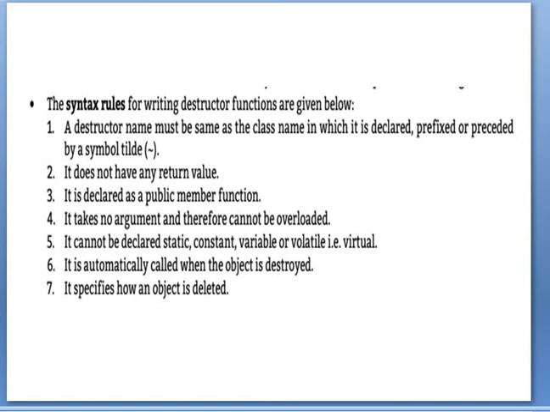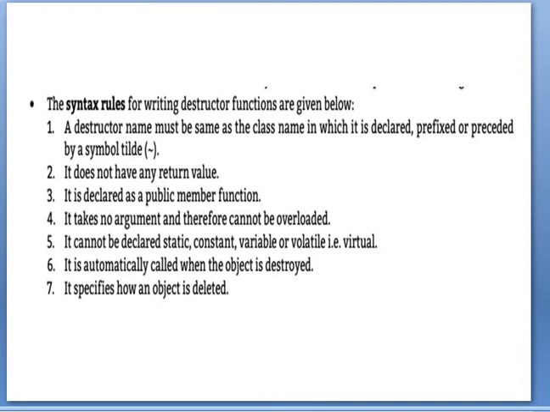It takes no argument and therefore cannot be overloaded. In the constructor we can write arguments, but in the destructor there are no arguments, so it is not overloaded. It cannot be declared static, constant, variable or volatile. We cannot use a static destructor, constant destructor or variable destructor.